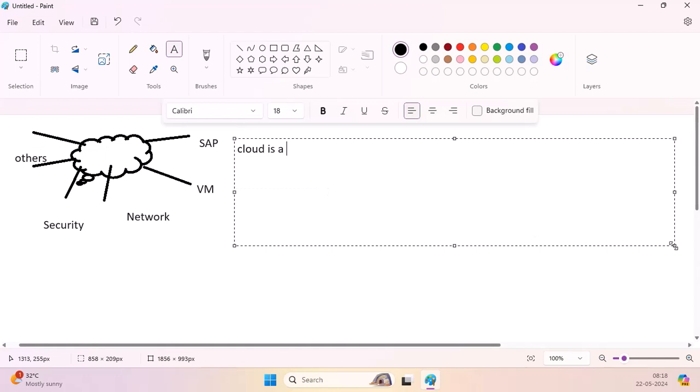So cloud is a service provider and provides different types of services.